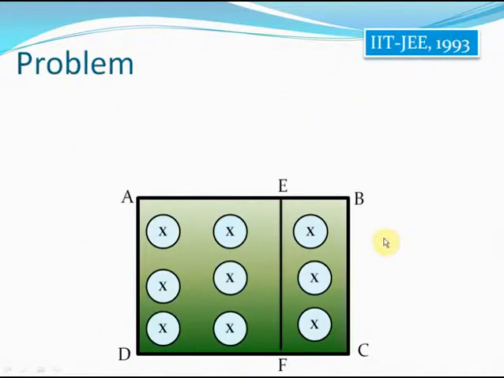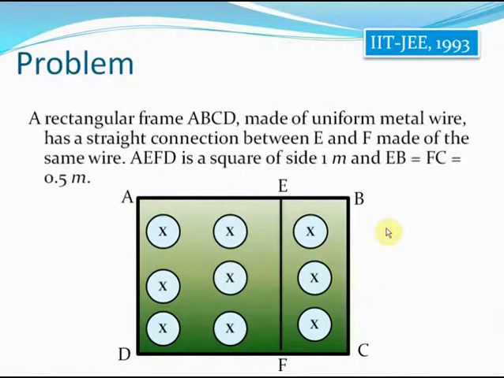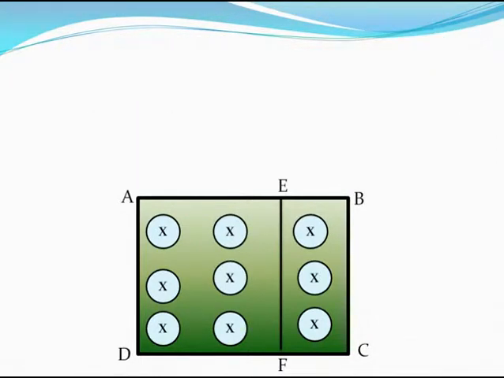And now that we've studied so many concepts, it's time for an IIT JEE problem. A rectangular frame ABCD made of uniform metal wire has a straight connection between E and F made of the same wire. AEFD is a square of side 1 meter and EB equal to FC equal to 0.5 meters.